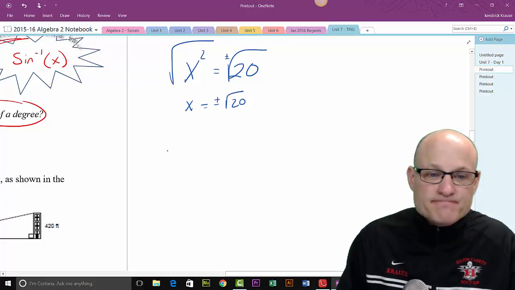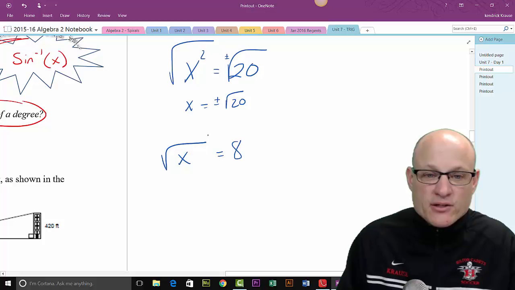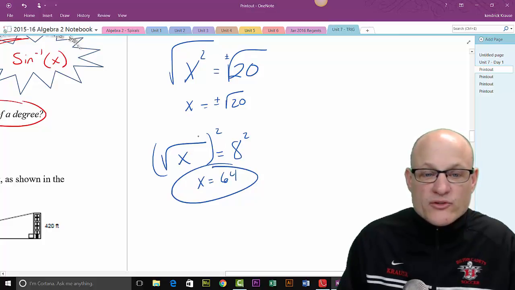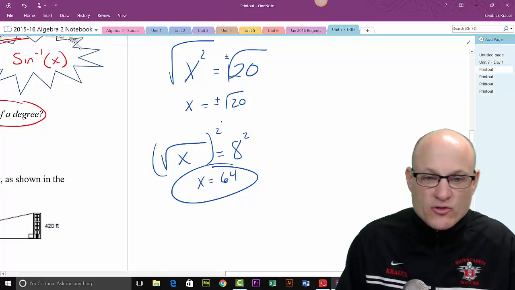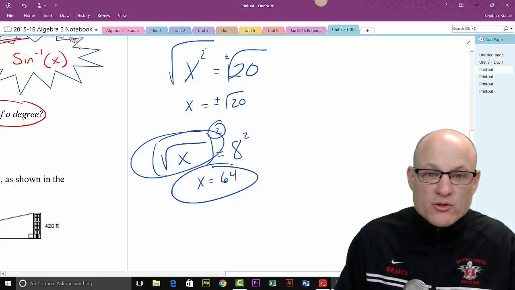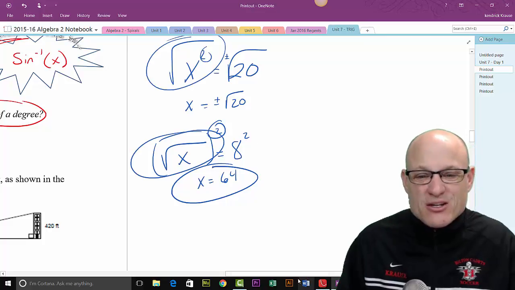What if I said the square root of x is equal to 8? We'd square both sides, and x is equal to 64. These are not reciprocal functions, these are inverse functions. Square and square root.